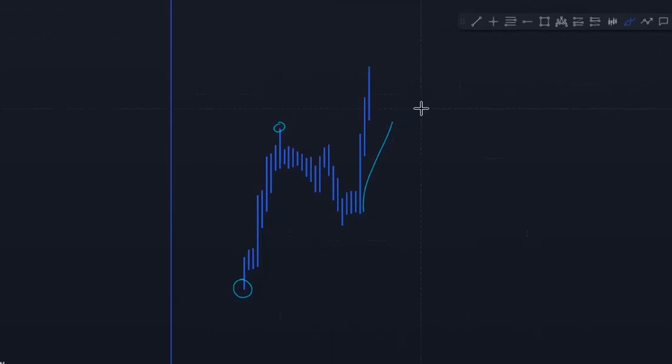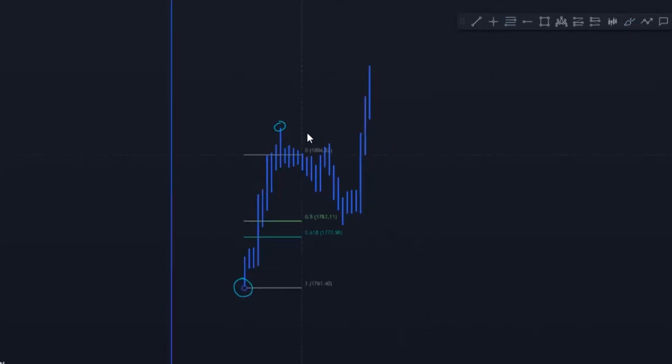So this is the Fibonacci retracement tool right here. We are going to start it from the beginning of the impulse, and then as I extend it like this, automatically levels present themselves, right?